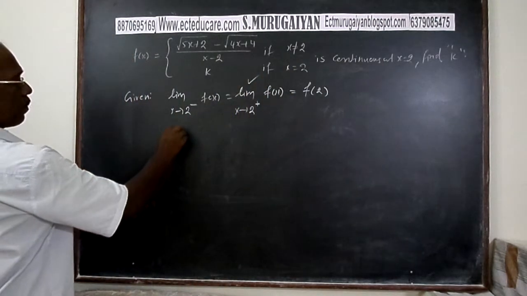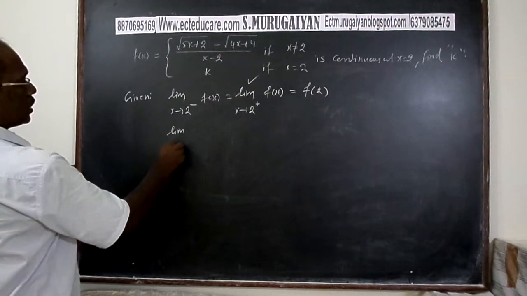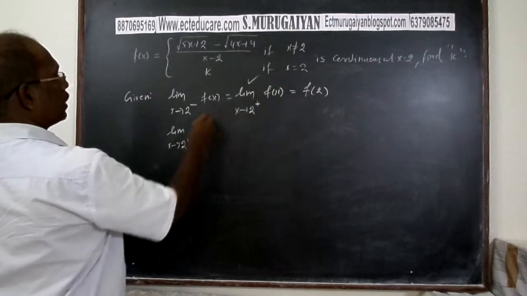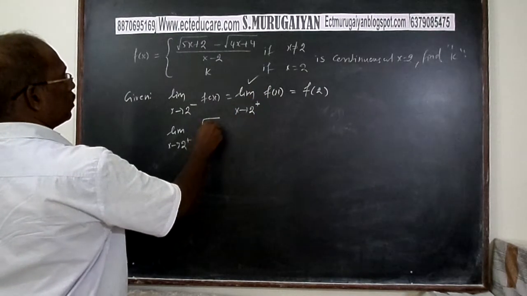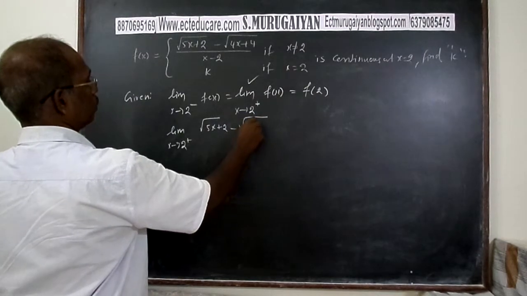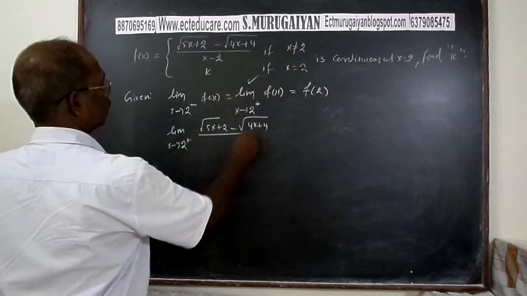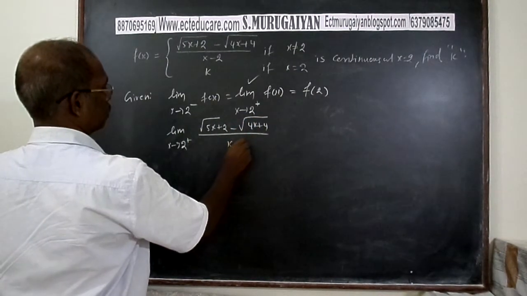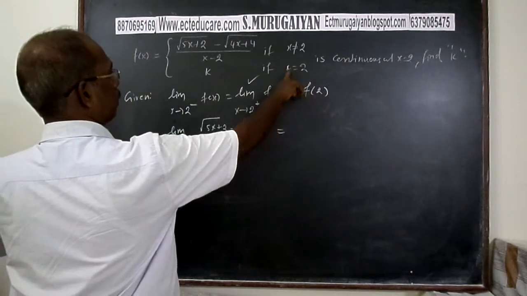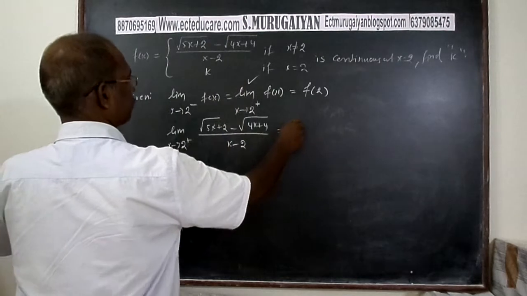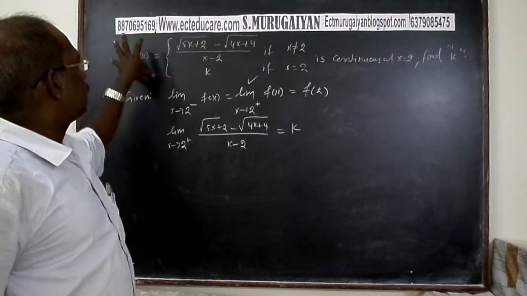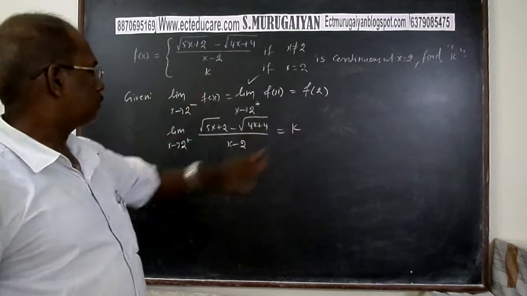So the limit as x approaches 2 plus of f of x, the right hand limit, is root of 5x plus 2 minus root of 4x plus 4 divided by x minus 2. F of 2, according to the question, equals k. So the right hand limit or left hand limit of the given function is k.